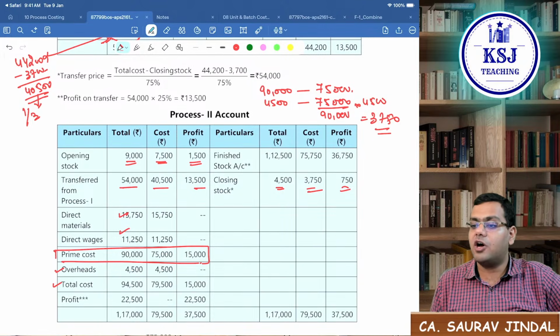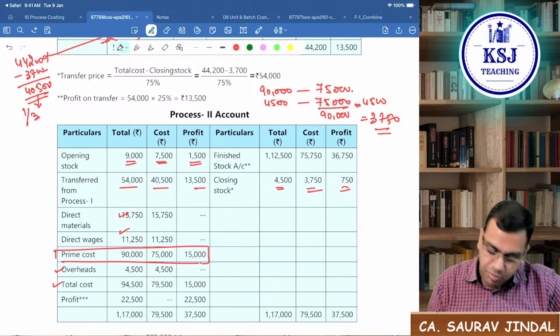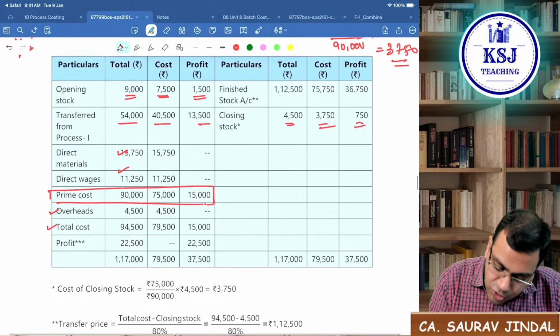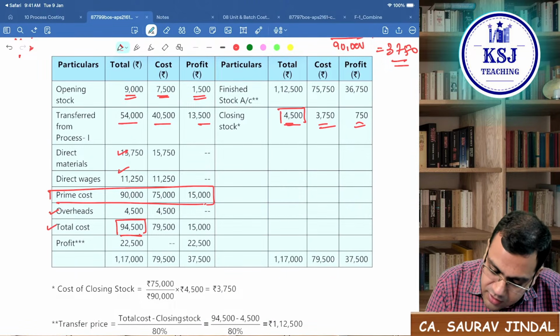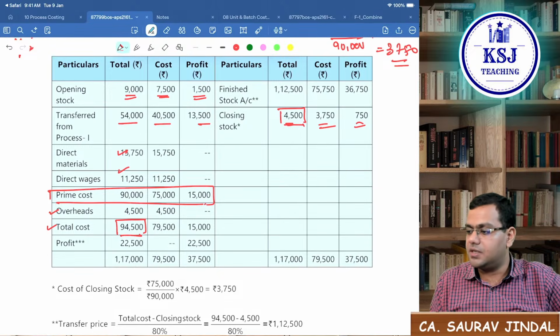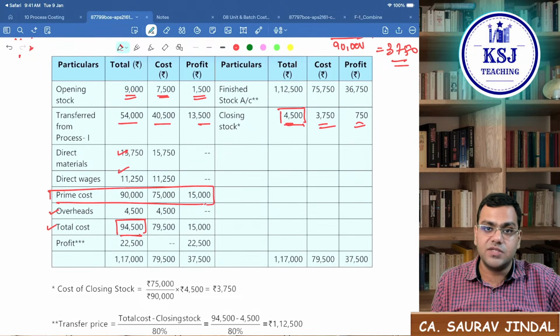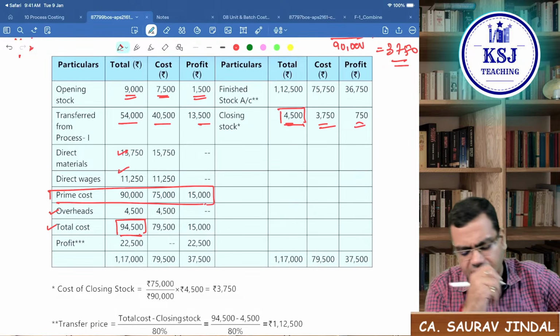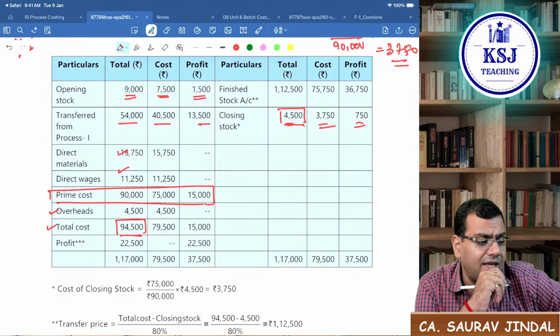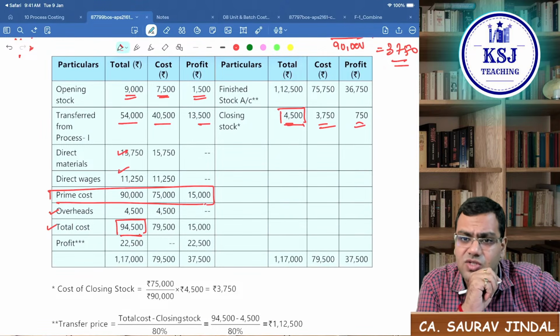Now, how will the profit be calculated? Sir, the profit will be calculated as total cost minus the closing stock into 25%, because it is given as 20% of the transfer price, so it will be 25% of the cost. Sir, why are we taking 94,500 and not 79,500? The cost is 79,500, the rest is profit element, sir.